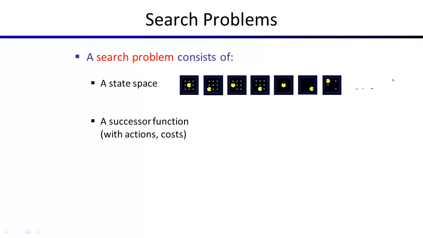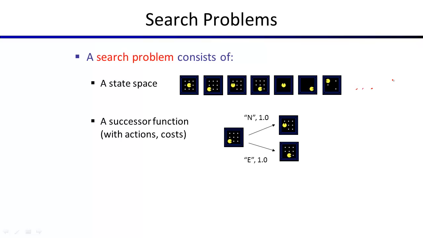A successor function. A successor function is something that prescribes to you, if you are in a particular state, and you were to take a particular action, what is the next state going to be? It'll also tell you if with that action, there's any cost associated with it, how much that cost is. So a way to visualize as follows.